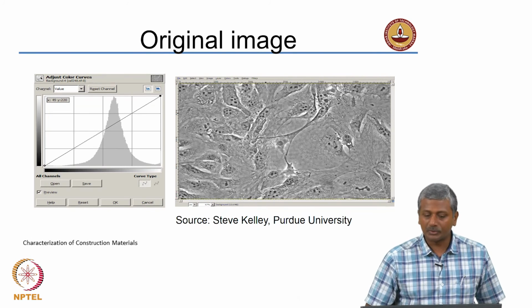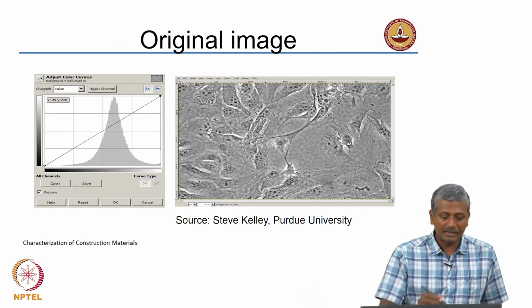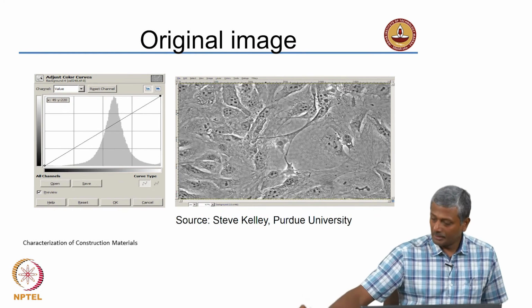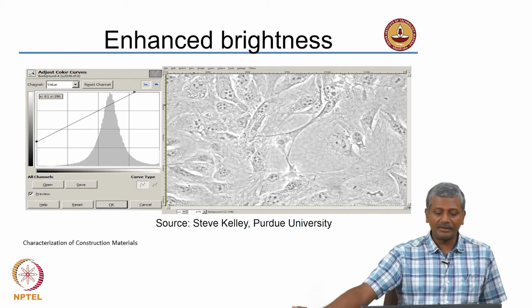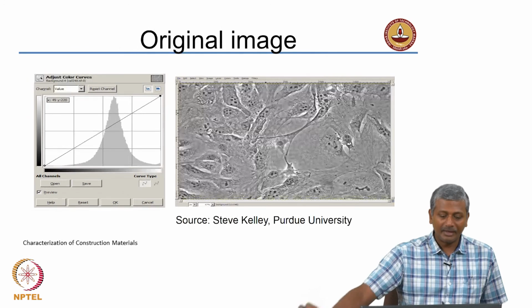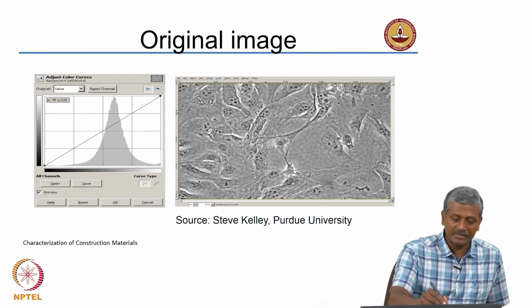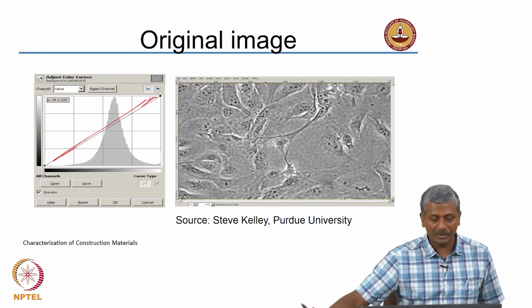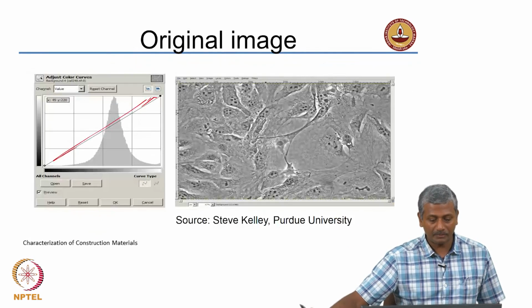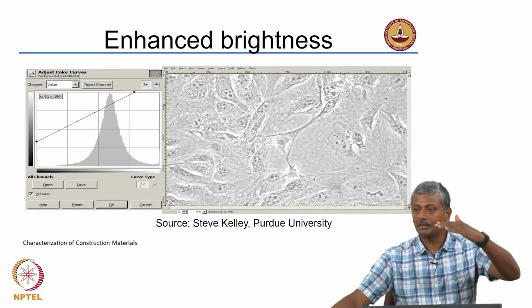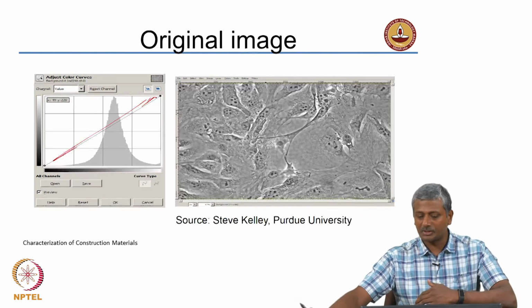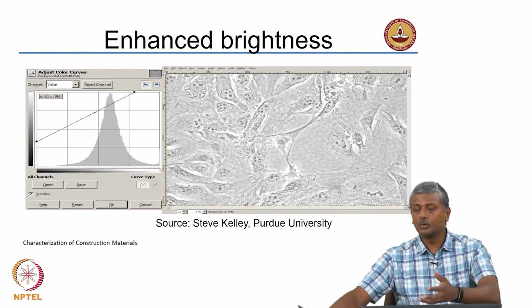Again, just to give you an example, this is the original image, for example for a biological sample, and that is your histogram. When you increase the brightness, all you are simply doing is enhancing. This line basically represents the gray levels. All you are doing is taking that line simply up, and you can see that the image is losing some of its characteristics.